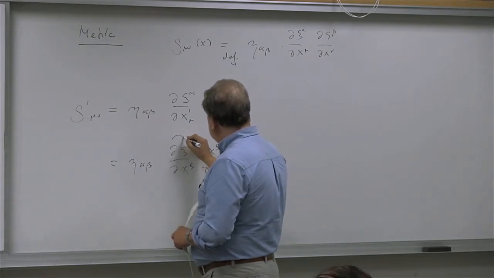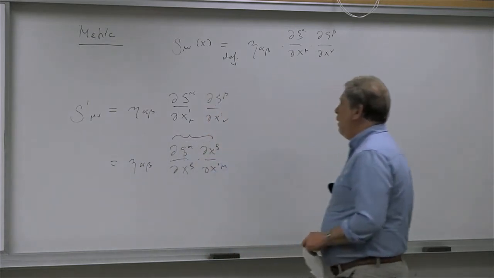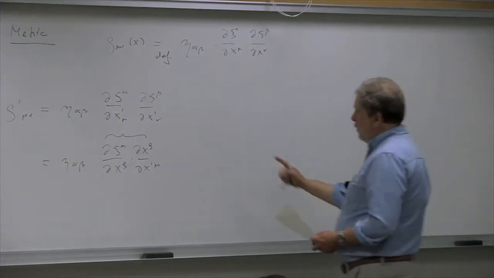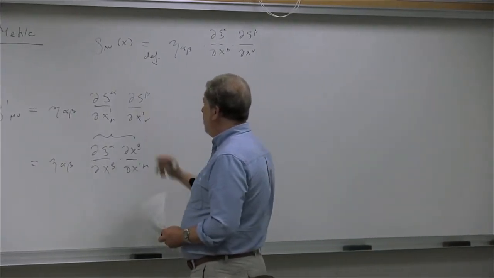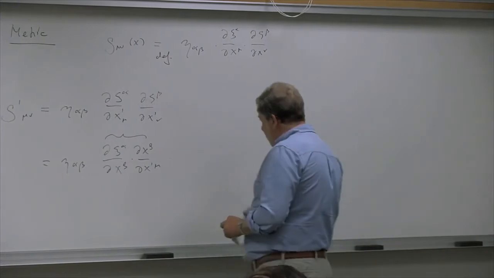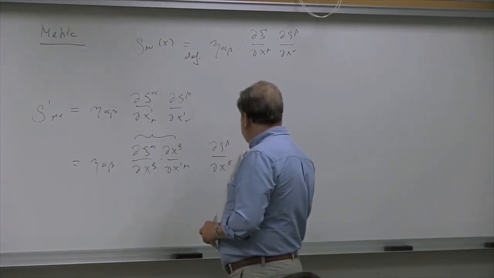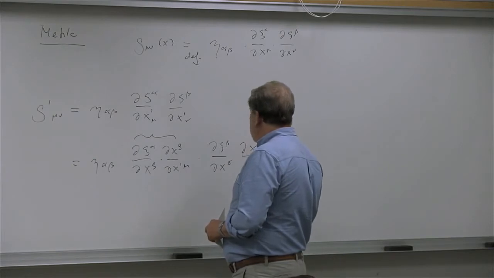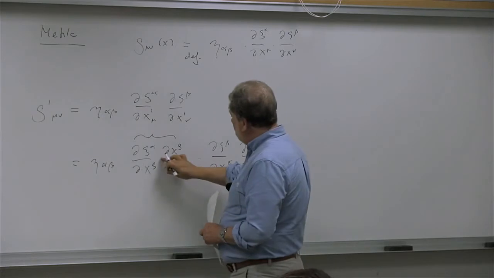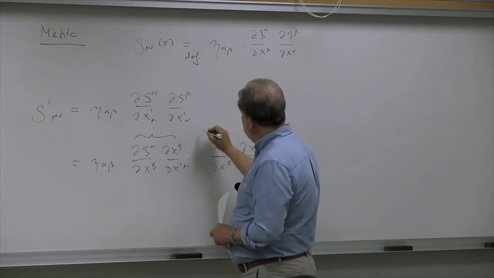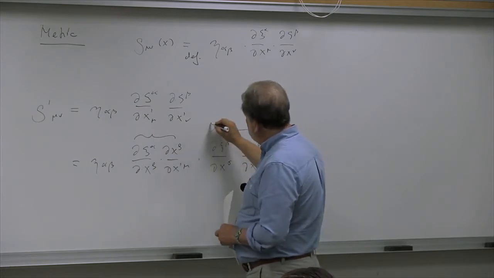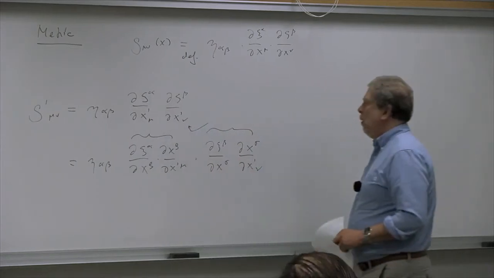And so that is the first piece. And then times, same story for the second term, d psi beta by dx sigma, and then dx sigma by dx prime nu. So the second term is what we get from that one.